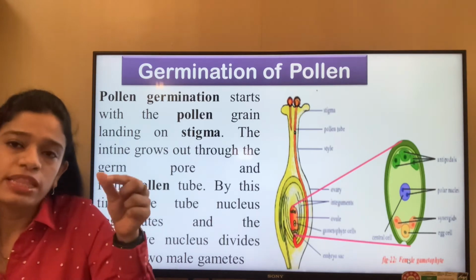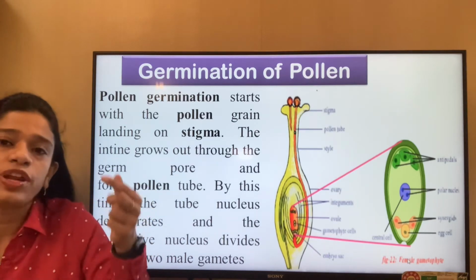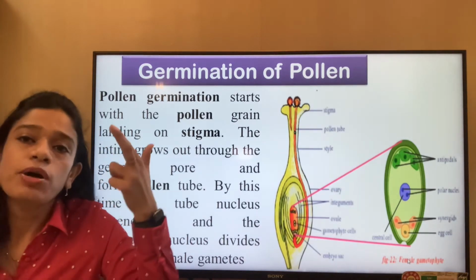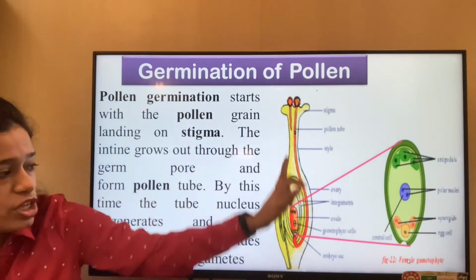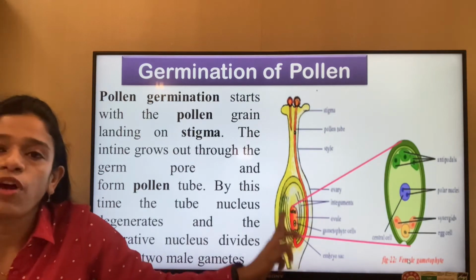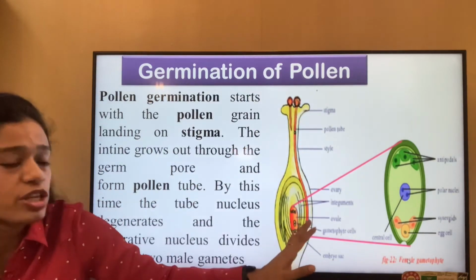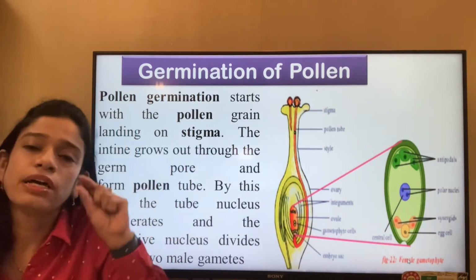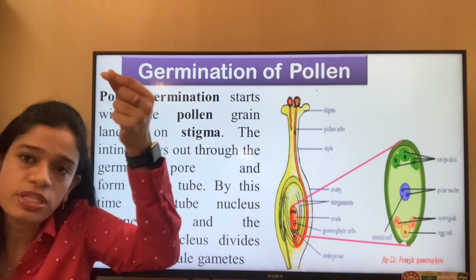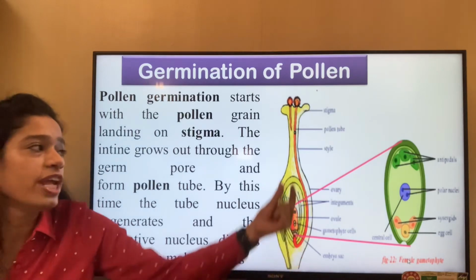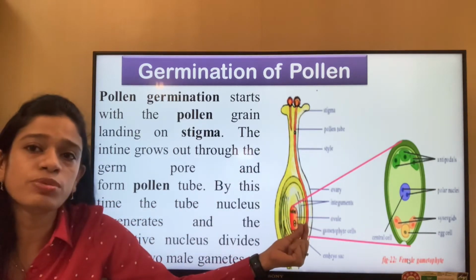This tube helps in the movement of the nuclei from the stigma into the ovary. The pollen nuclei need to migrate from the stigma to the ovary, and this takes place through the tube that is formed.